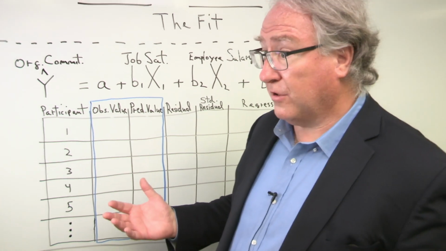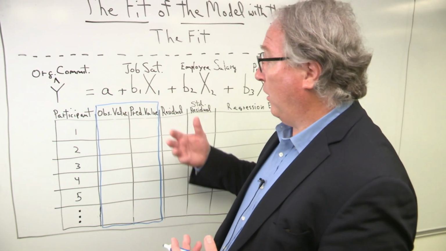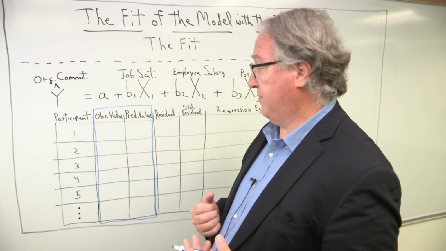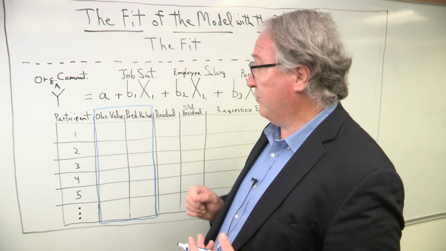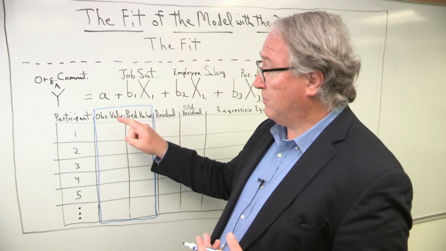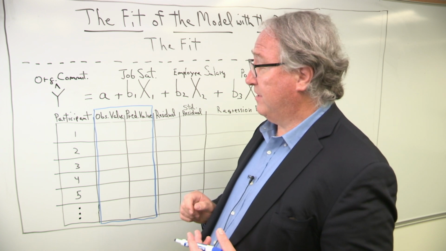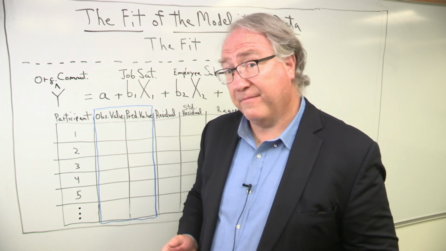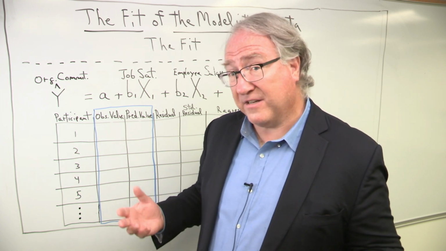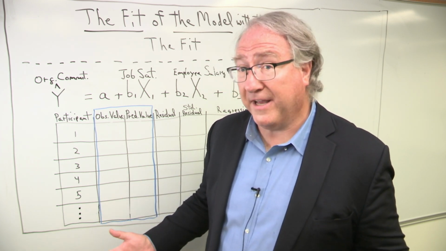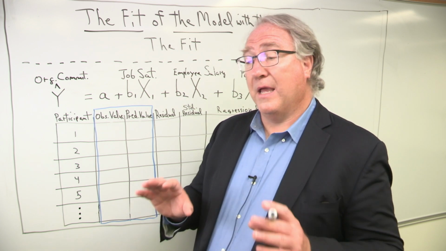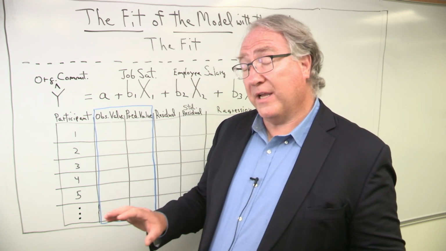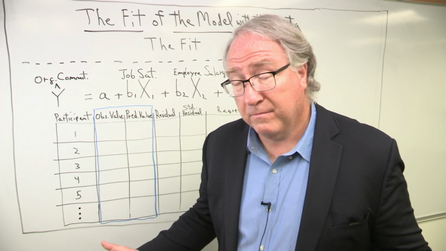And the closer overall, looking across your participants, the predicted values from the model come to the actual observed values on the outcome variable measure, the better the fit of the model with the data. And that essentially is what it all comes down to.